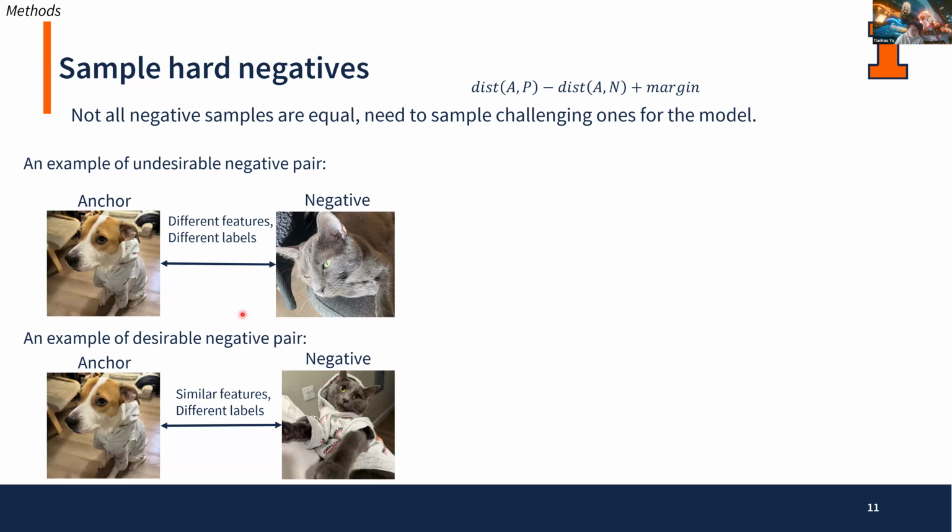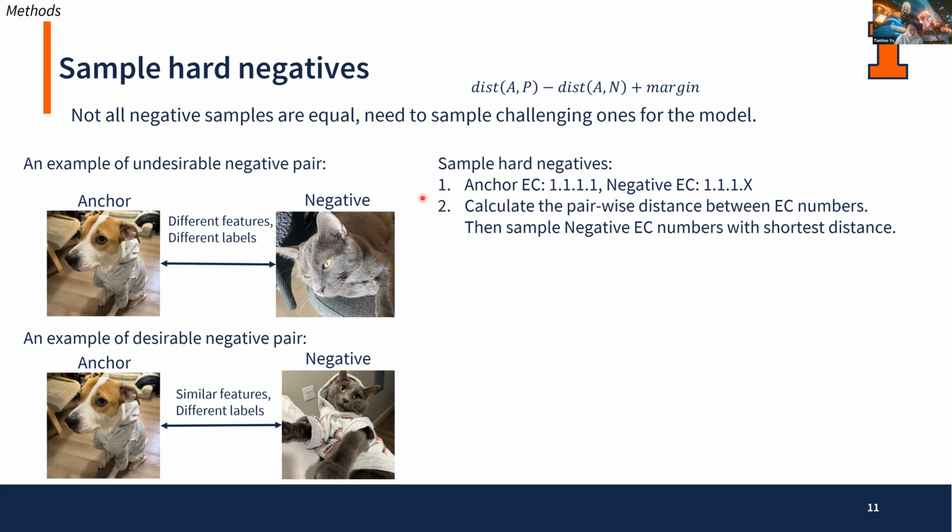One is cat, one is dog. As opposed to a desirable negative pair, for example this one, where the dog and cat are wearing the same clothes. It could confuse the model that they have very similar features, but they actually come from different labels. Those negative pairs will be more beneficial to the model training than the more trivial negative pairs.